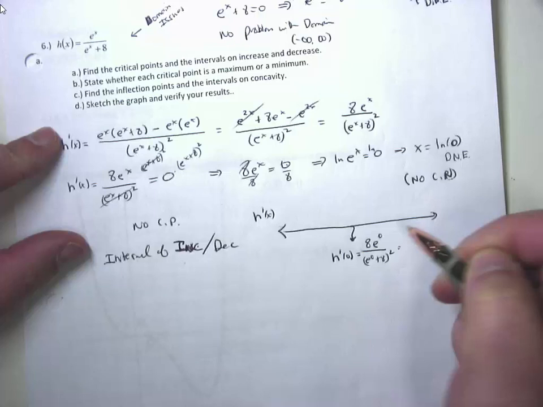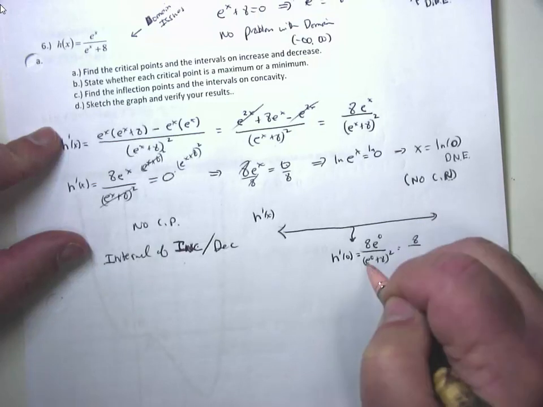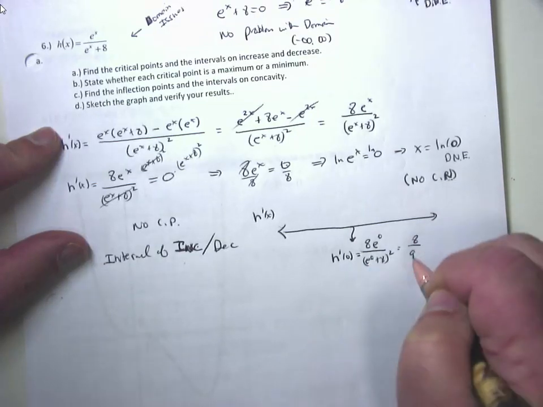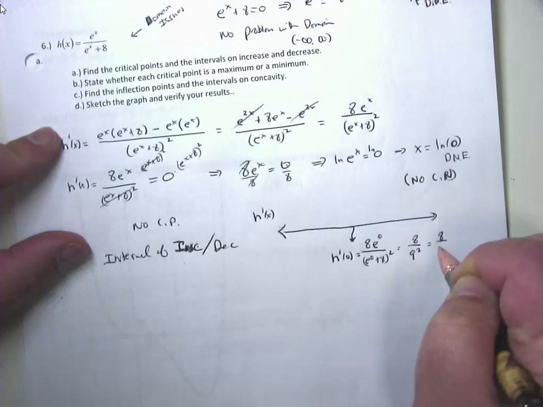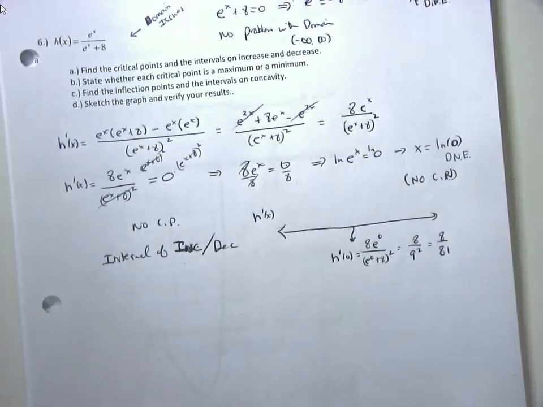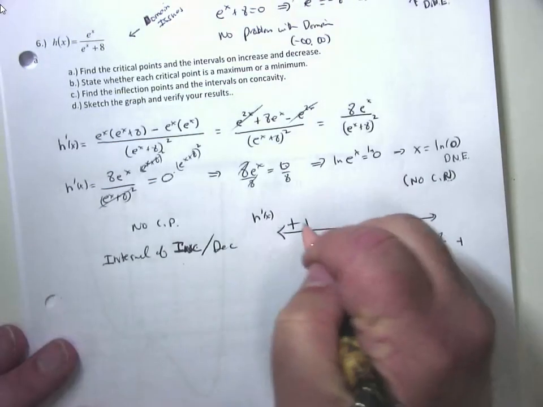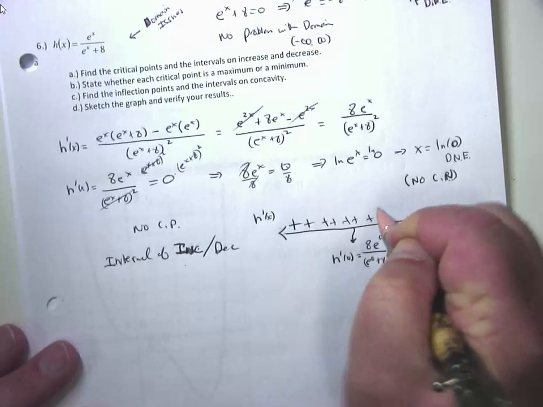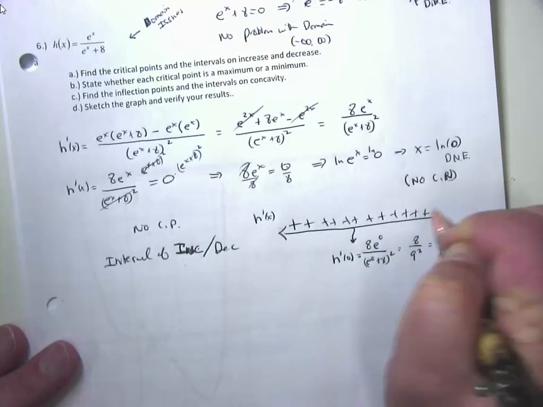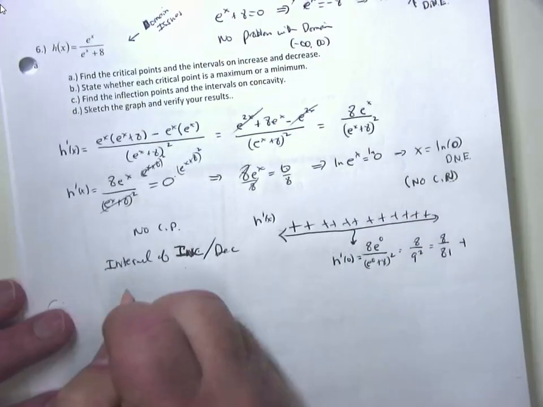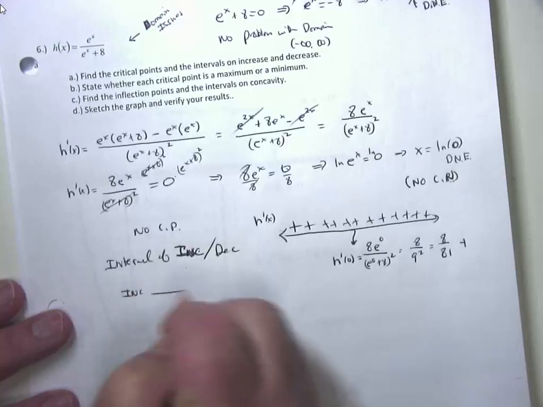E to the 0 is 1 times 8 is 8. E to the 0 is 1 plus 8 is 9 squared. It's 8 over 81. I don't care what the number is. What's the sign of it? It's positive, which means everybody on this number line is positive, which means where is it increasing at?